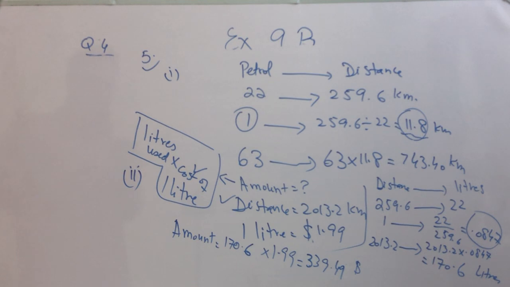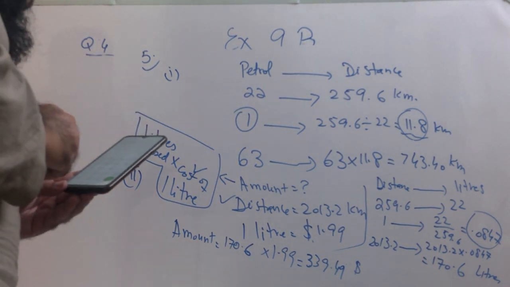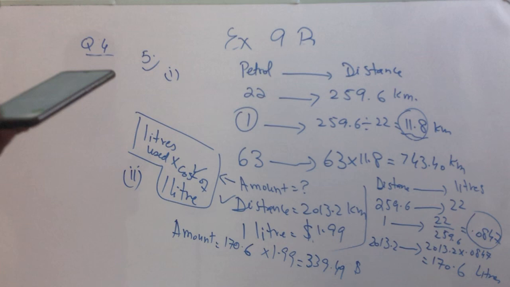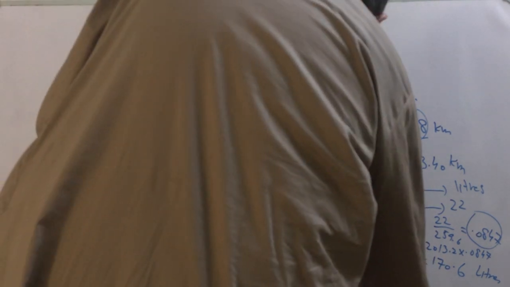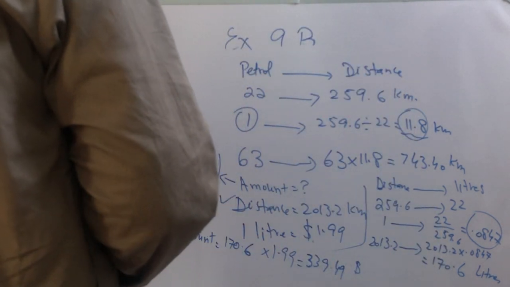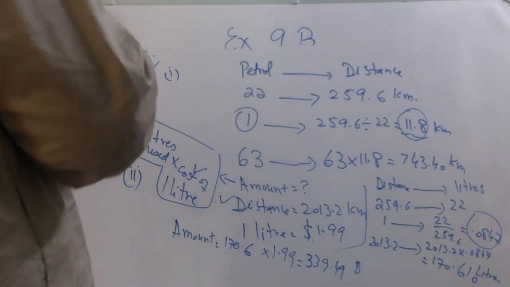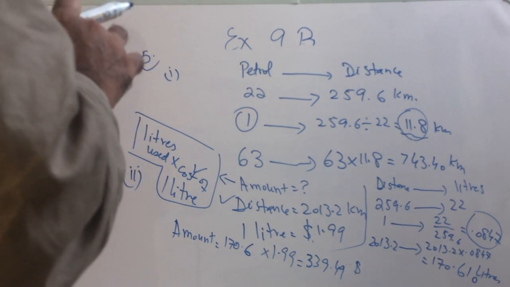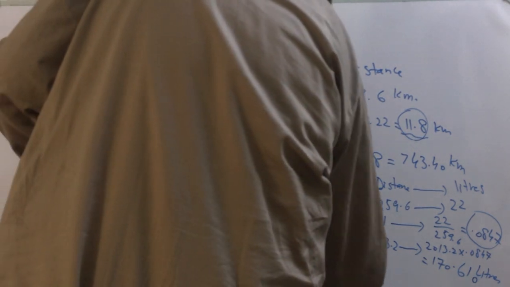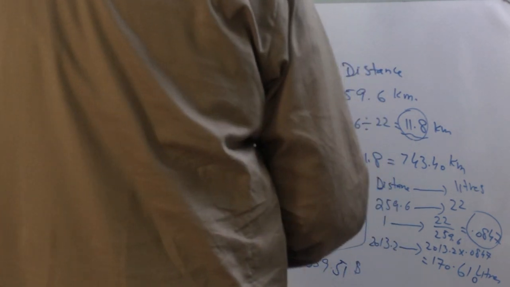Now we have a total of 2013.2 kilometers, so we multiply it with 2013.2 and we get the answer 170.6. If we multiply this with 1.99, we get 339.51. So this is the answer.